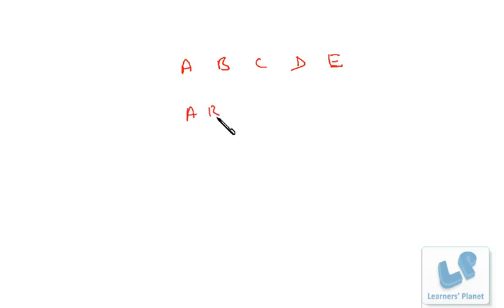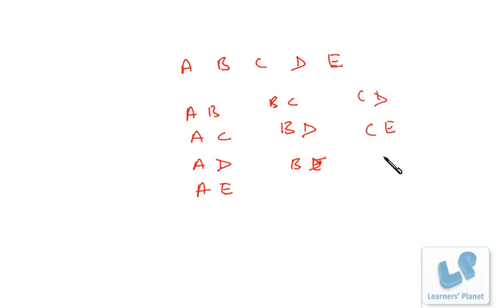It's AB, AC, AD, AE, right? Now BC, BD, BE. Then CD, CE, then DE, right? So in all, I got 10 combinations.